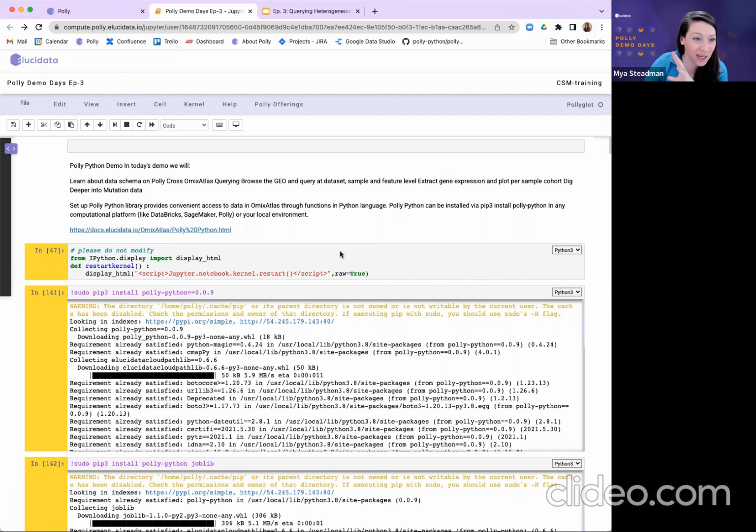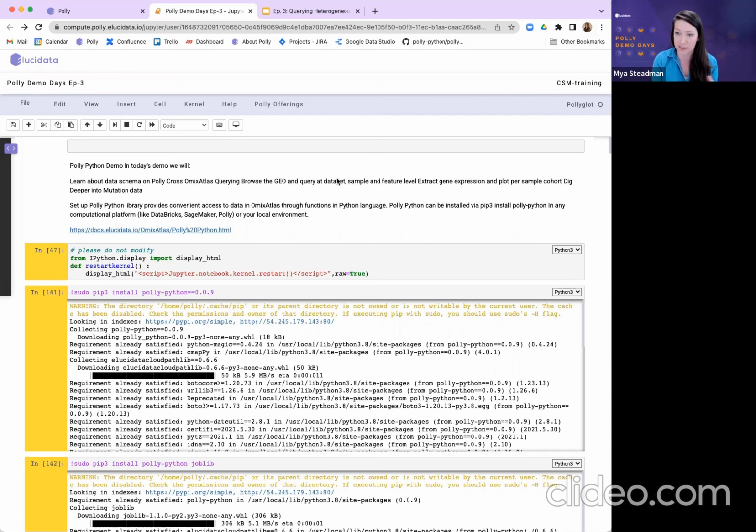Okay. So I am actually in our PolyPython notebook. We'll talk a little bit about the features of this notebook as we get a little bit further into the demonstration, but you can see it looks just like a Jupyter notebook that you would launch from your own local machine. The only difference is I've done it from inside a Poly Workspace. If you don't know about Poly Workspaces, it's a space provided on our platform that you can store and organize your data and your analyses.